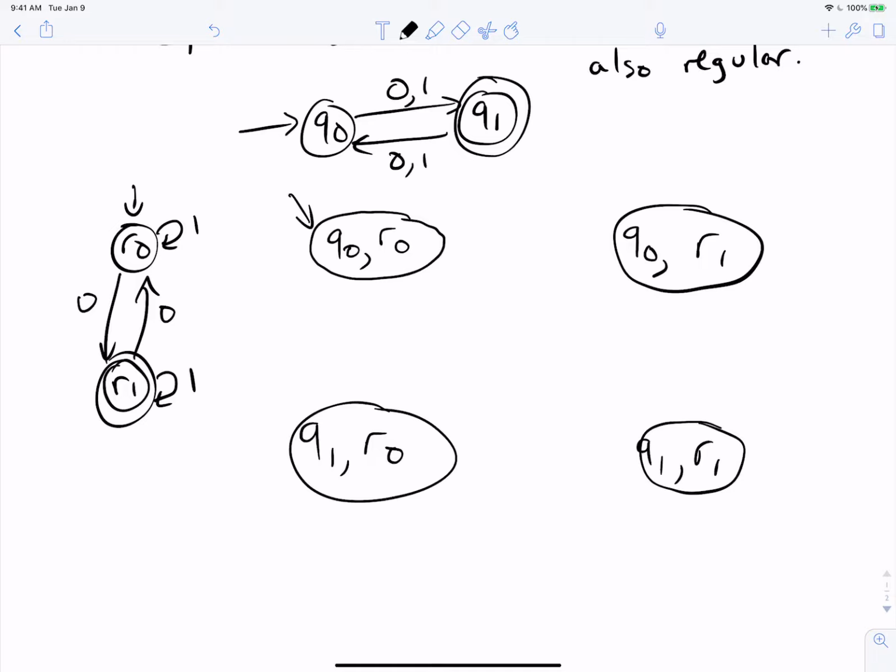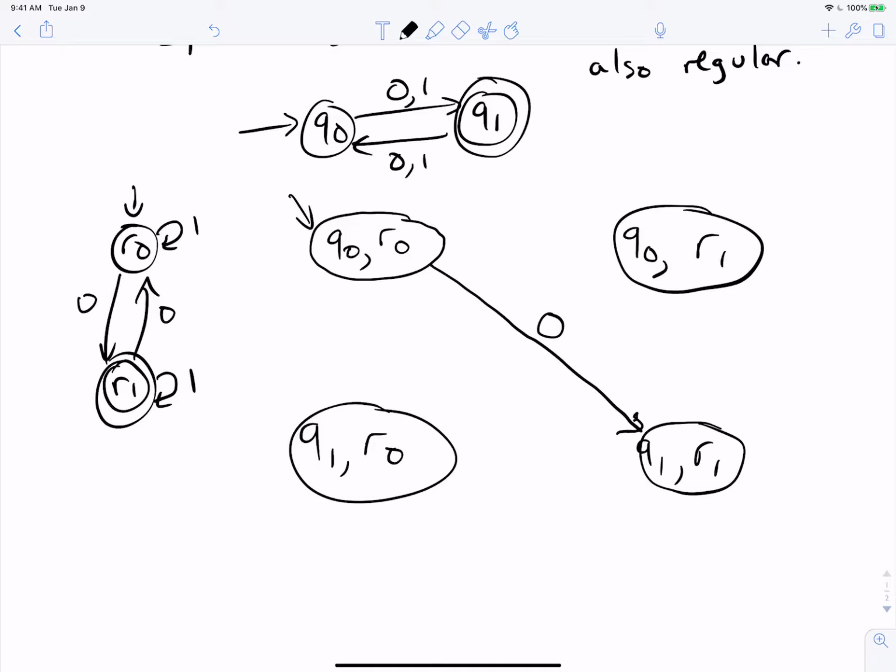Well, we noted that on input 0, that took us to Q1 and R1. So I'm going to make a transition from that state to the Q1, R1 state on 0. We're just keeping track of where the original machines went.